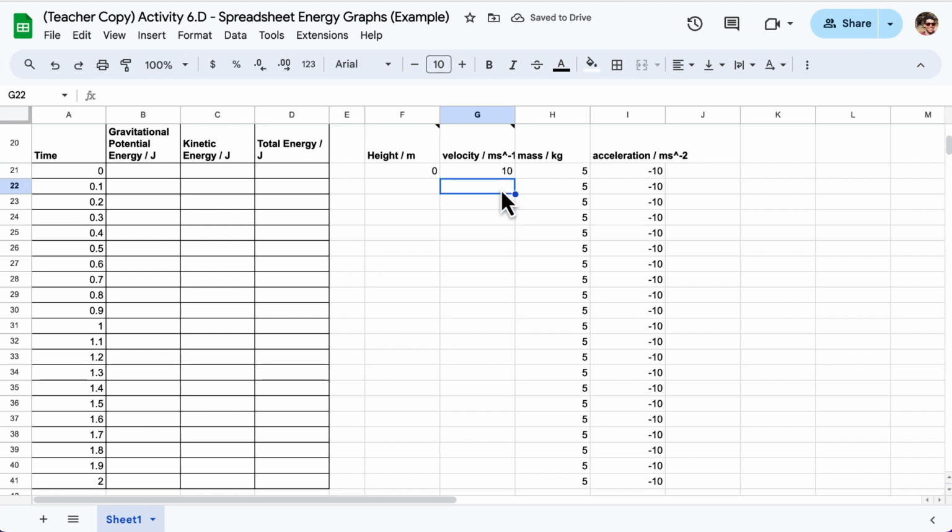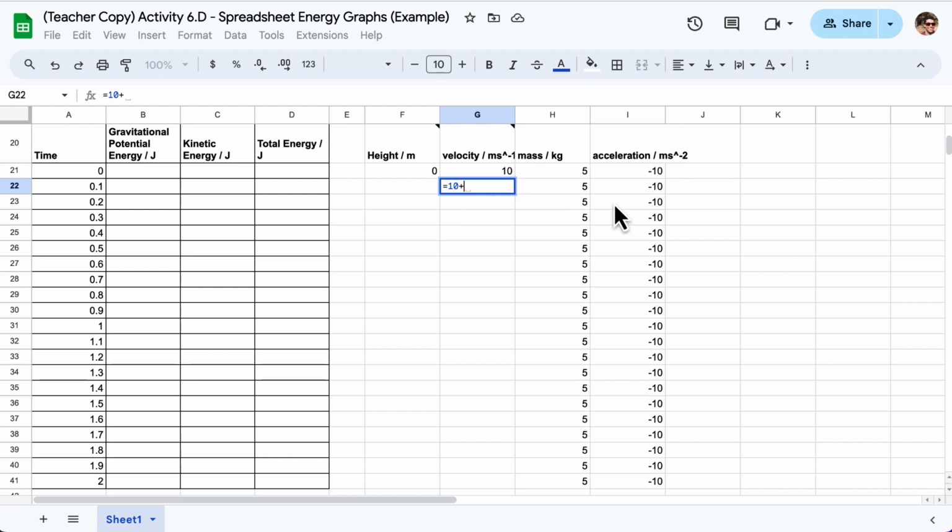So for our first one, the velocity for something in free fall that's been launched up is going to be equal to our initial velocity, which was 10. So I'm just going to type that in as a number. Then we add to that, so plus. So it's v equals u, our u was 10, and then plus a times t.